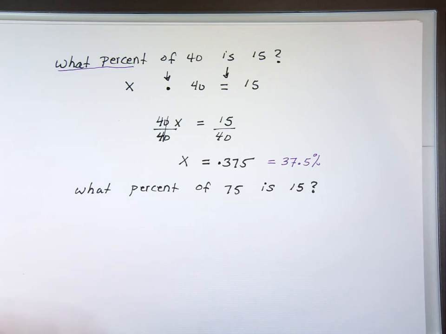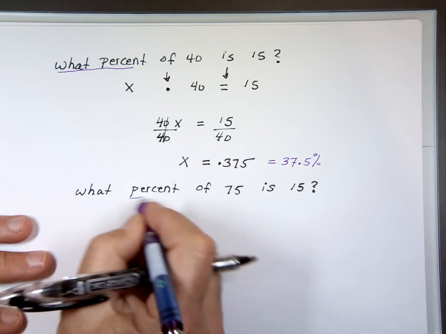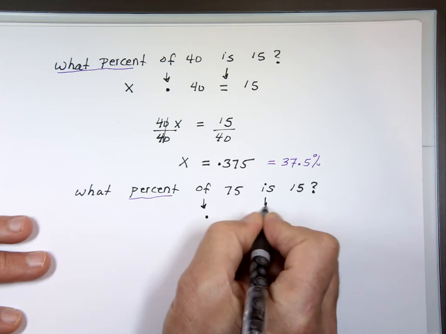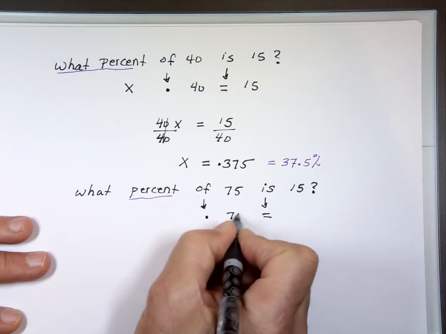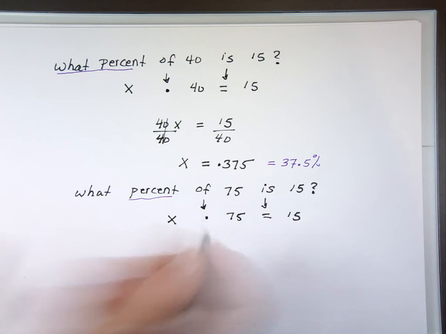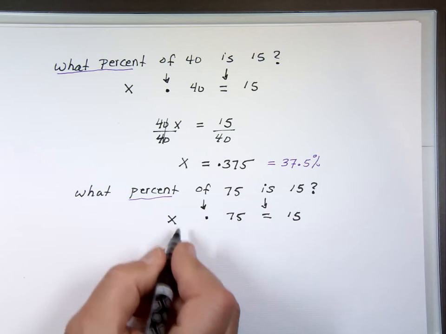I'm looking for the percent again. Of means multiply, is means equal. There's the 75. This is the 15. This is the unknown. X times 75 is 75x.